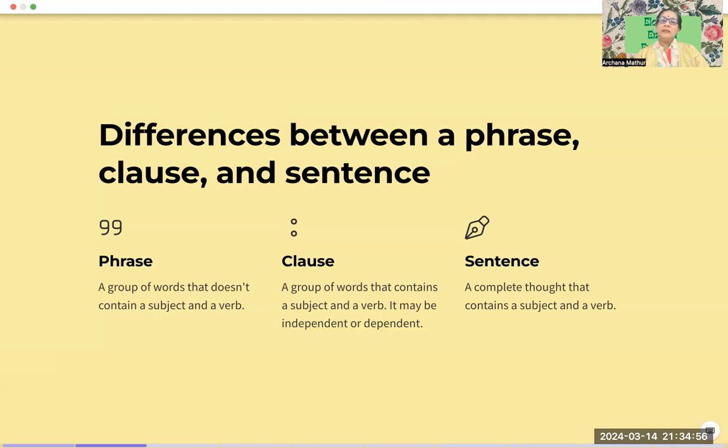The sun rises is a clause, but if I add in the east direction, then it becomes a complete statement. A sentence, of course, is a complete thought that contains a subject and a verb and maybe a complement. So a sentence is a complete statement which gives you full information, right?